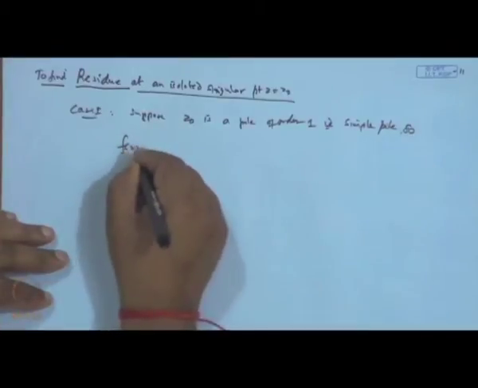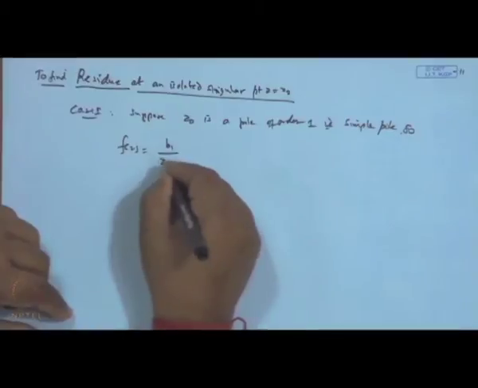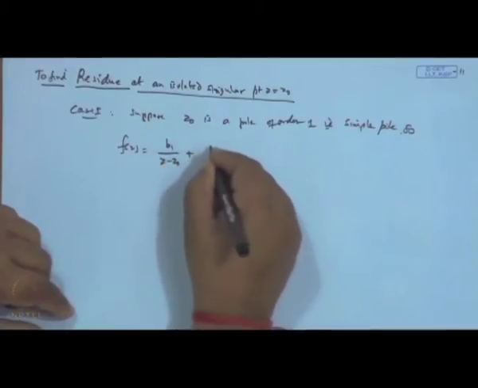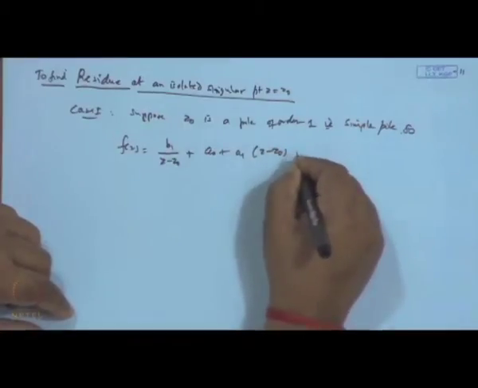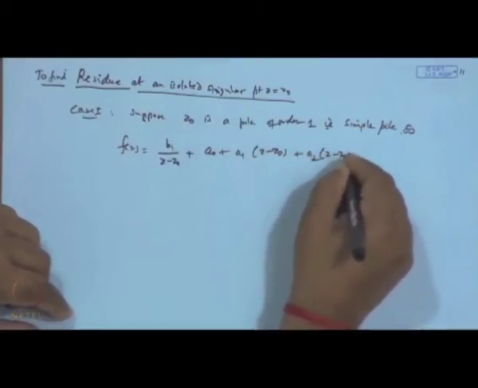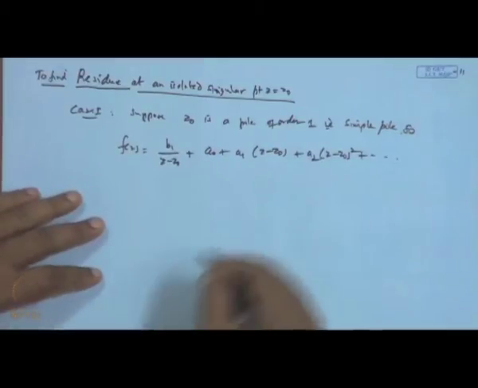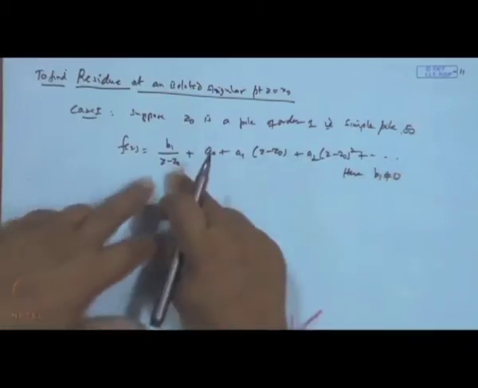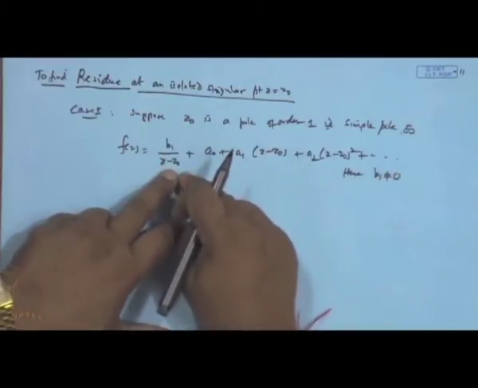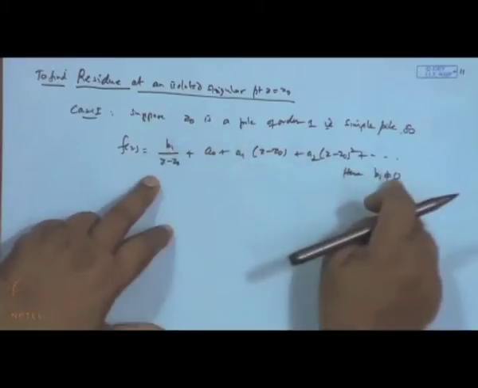So, we can write the expansion f z equal to b 1 over z minus z naught plus a naught plus a 1 into z minus z naught plus a 2 into z minus z naught whole square, and so on. Here b 1 cannot be 0, because if b 1 is 0, then z naught will not be a simple pole.